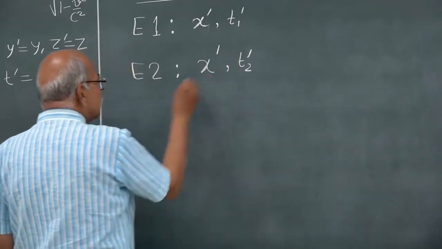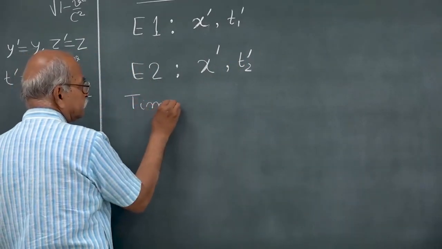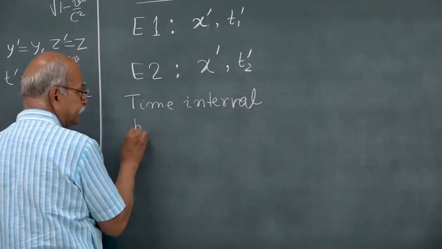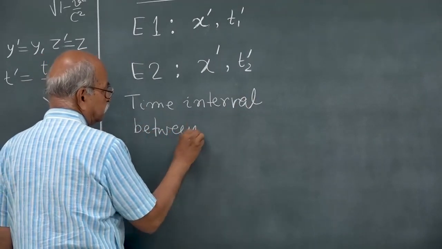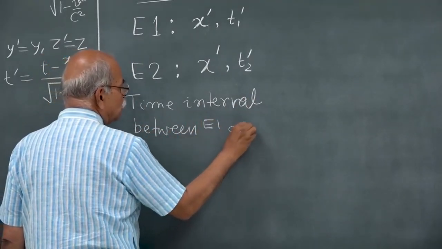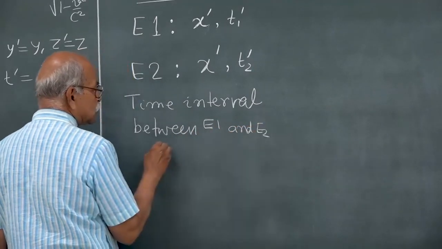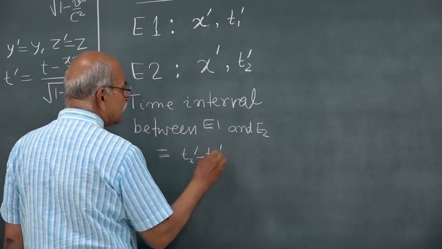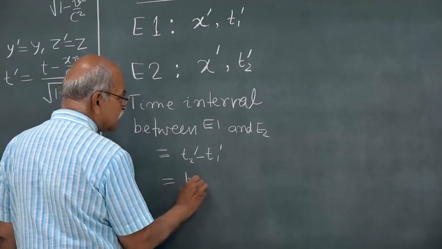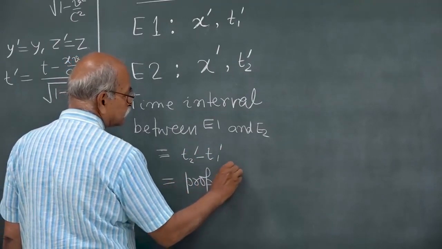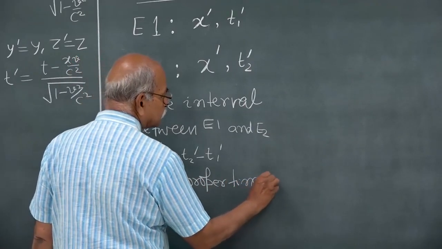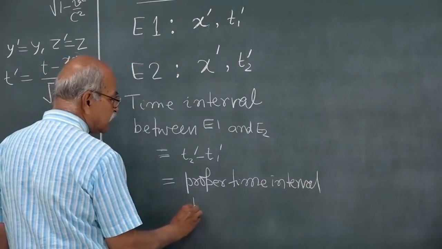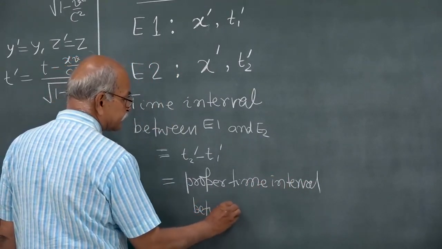So, the time interval between these two events E1 and E2, t2 prime minus t1 prime, is called the proper time interval between the events.